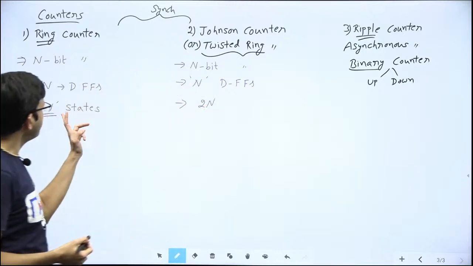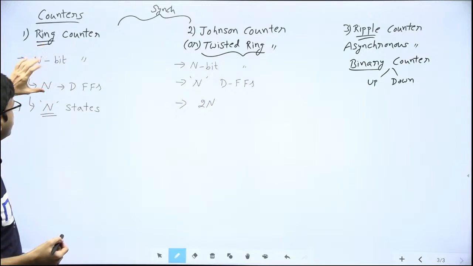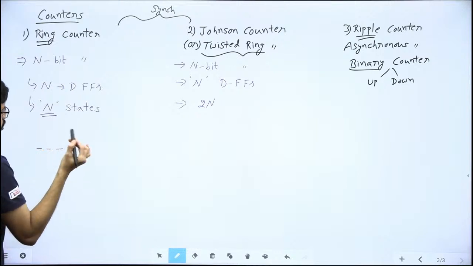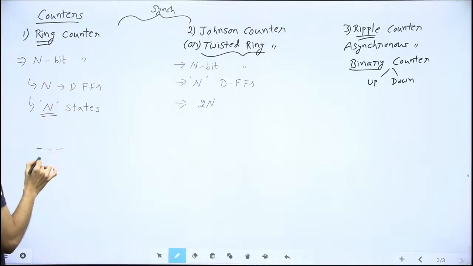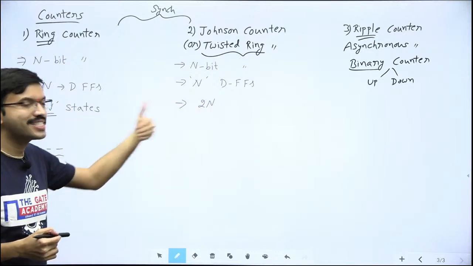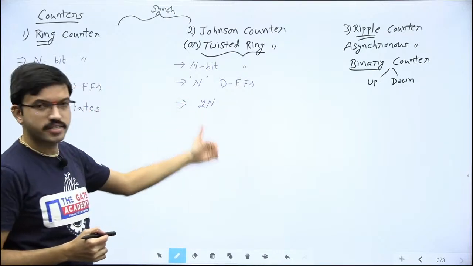See, double the number of states of the ring counter. Suppose I am considering only 3 bits, then with the help of a ring counter you will get only 3 states. But here with the help of 3 D flip-flops you can get 6 states. Yeah, very good Aswin. You will get 6 states.